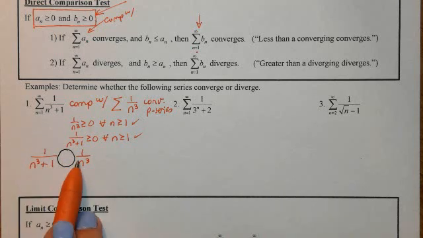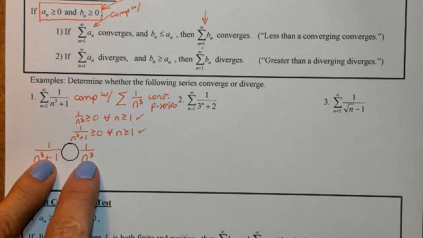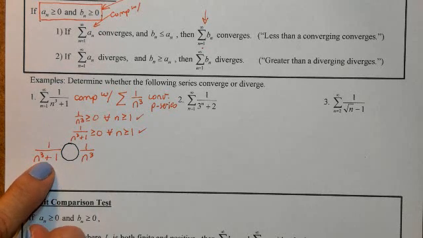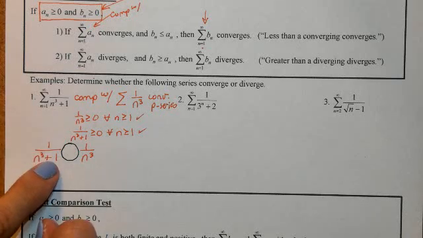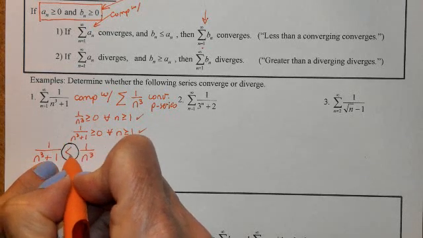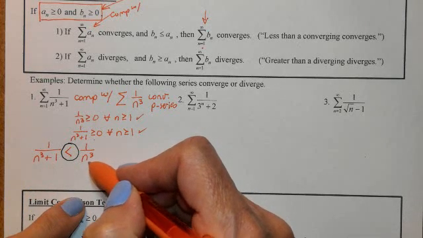Which is bigger? This denominator has this plus 1. This denominator is always larger than this denominator, isn't it? Always, for all n. Therefore, 1 over this will always be less than 1 over n cubed. It makes sense.